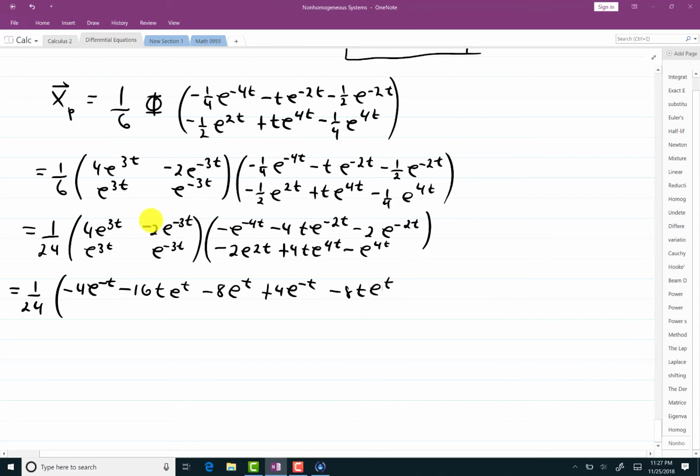And then finally, I'll have 2e to the t. And now I do the whole thing again, but with this second row.